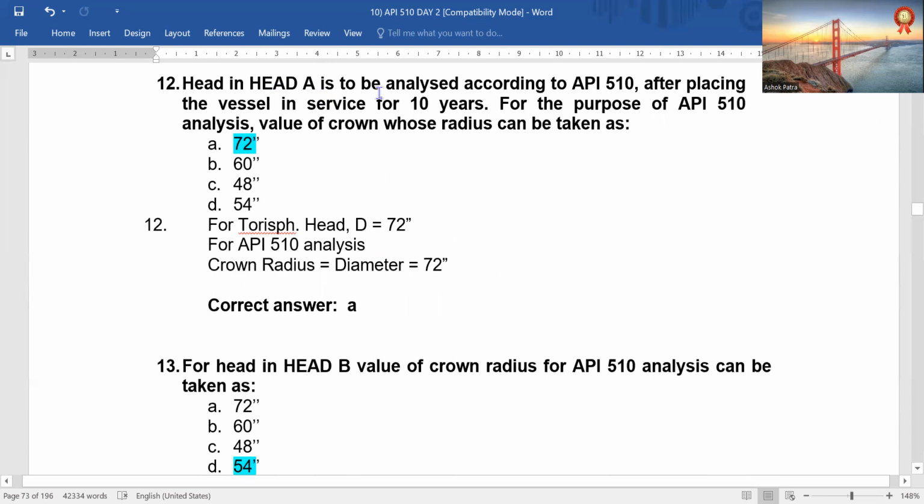So head A is to be analyzed according to API 510 for placing the vessel in service for 10 years. The value of crown radius can be taken as torispherical 72 inch. For API 510 analysis, crown radius equals diameter, 72 inch, correct.